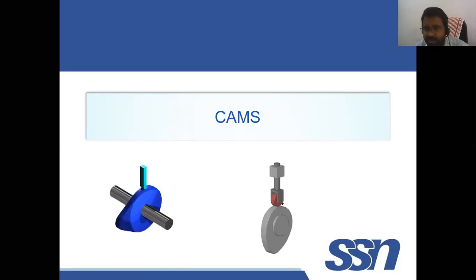But here, with less space, we are able to achieve the transfer of motion. Can you see in both cam mechanisms what is achieved here? It is able to actuate this.